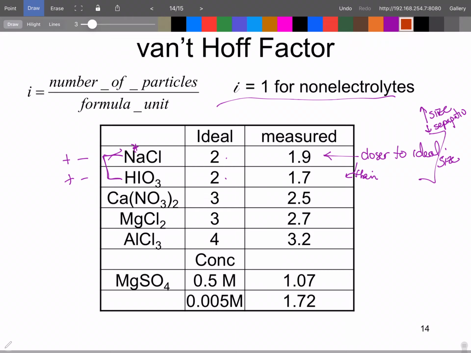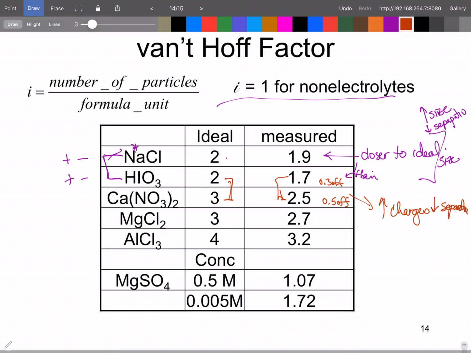I'm going to change colors so that we differentiate. If we look at these two species right here, the difference is that this one's aiming for 3, so this one's 0.5 off the ideal, and this one's 0.3 off. And the question here is why? Because as you increase charges, you decrease separation.